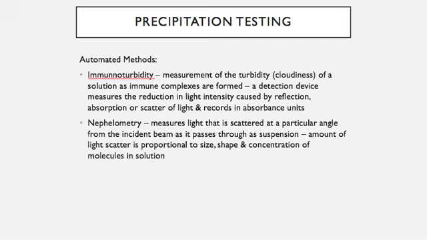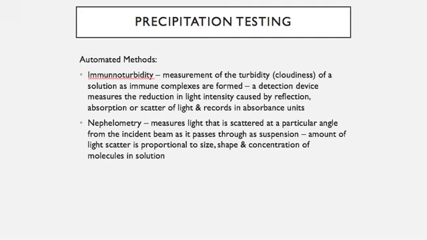Then in nephelometry, it measures the light that is scattered at a particular angle from the incident beam as it passes through a suspension. So the scattering occurs when a beam of light passes through a solution, and then the beam of light encounters a molecule in its path, so it's going to bounce off the molecule. So light is measured by an instrument called a nephelometer.